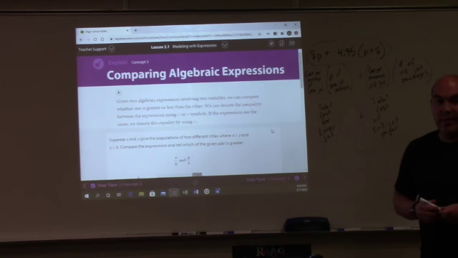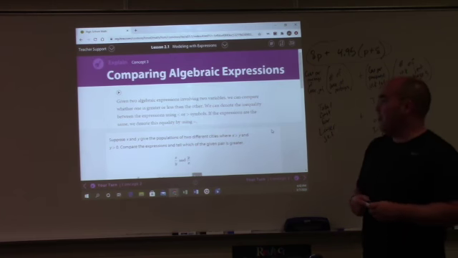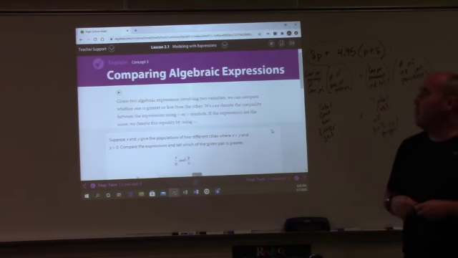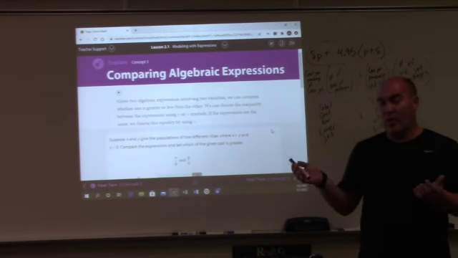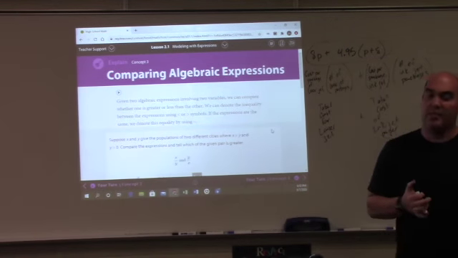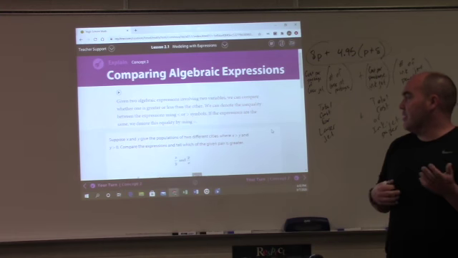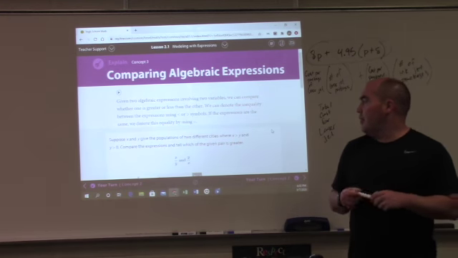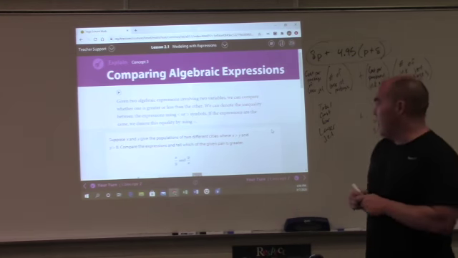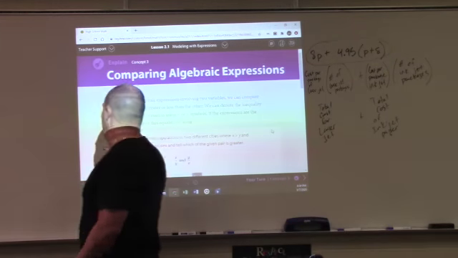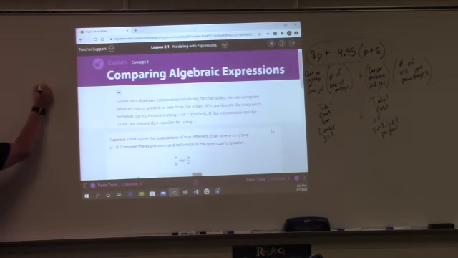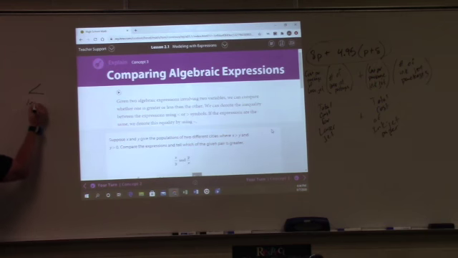All right, now we're going to do some comparisons. We're going to compare using less than or greater than. We may even throw in an equal sign. Hopefully you remember that this symbol means less than.